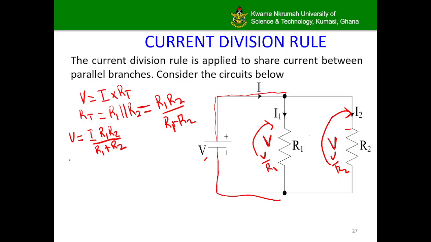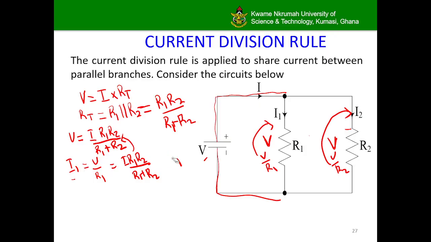Now, to find I1, as we've already explained, I1 is simply V over R1. V is I R1 R2 over R1 plus R2, and so this divided by R1 is what gives I1.